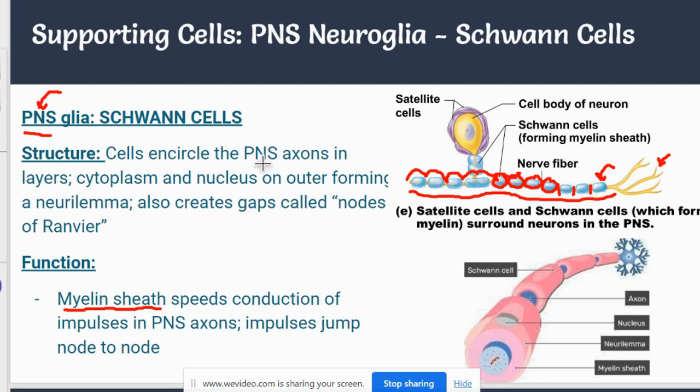So that's two differences. Oligodendrocytes are in the CNS, Schwann cells are in the PNS. Oligodendrocytes can myelinate several axons, where a Schwann cell can only myelinate a single segment of one axon. All those blue ovals are what creates the myelin.